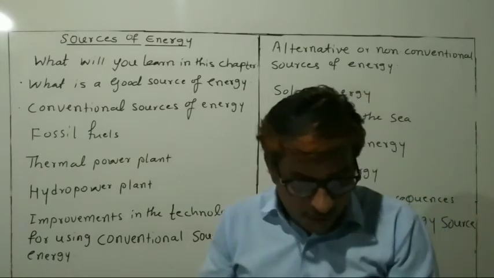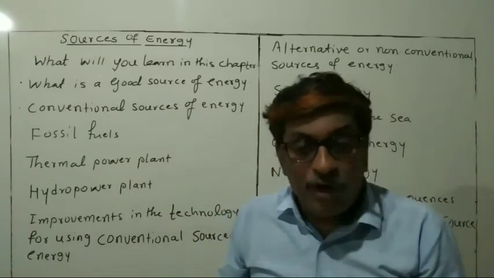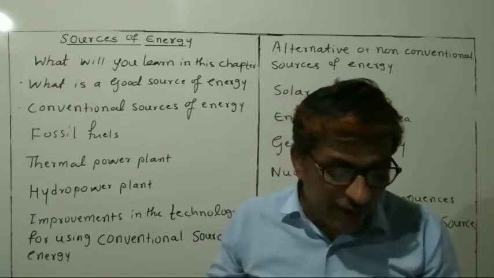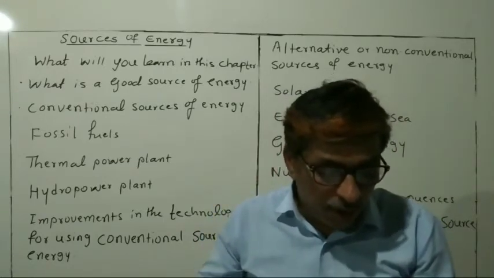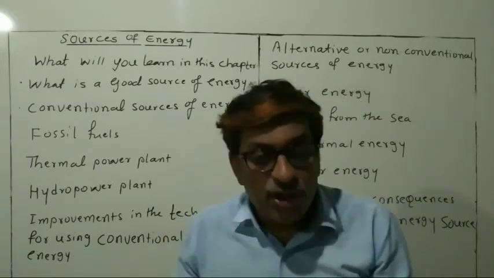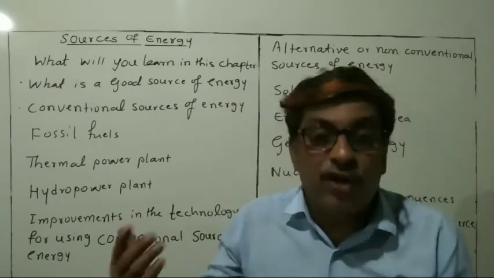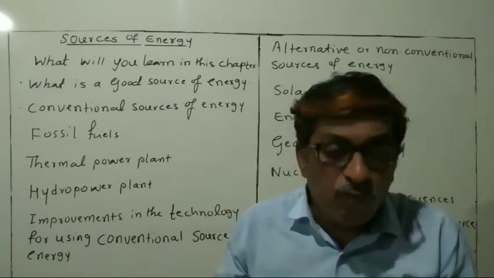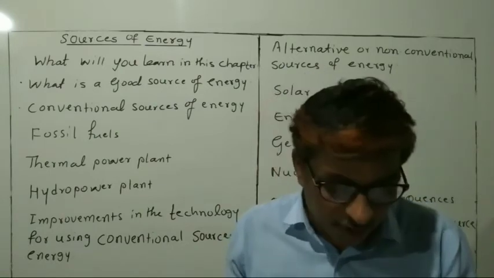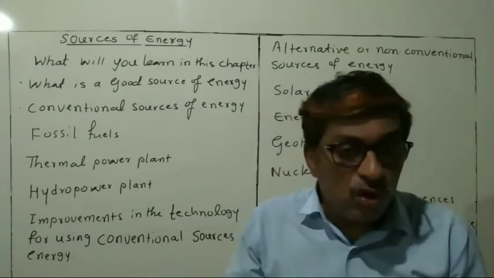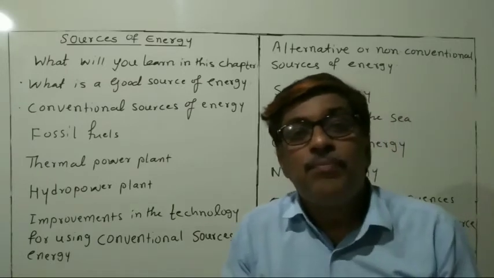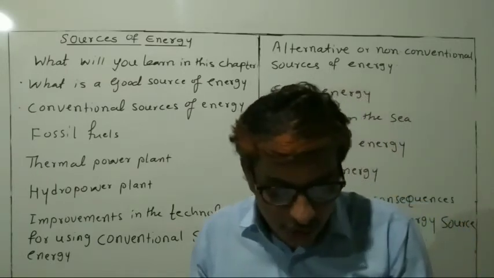Okay, students, now you will see some points here. The usable form of energy dissipated to the surroundings is less available. You know that energy comes in different forms, and one form can be converted into another. Any source of energy we use to do work is consumed and cannot be used again.